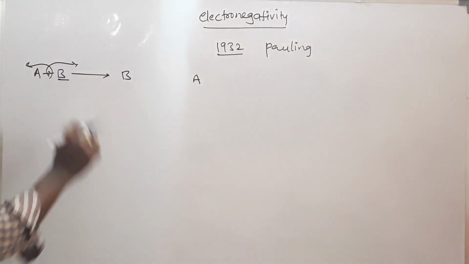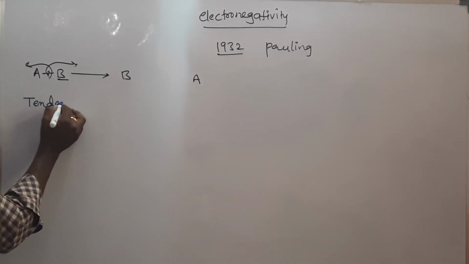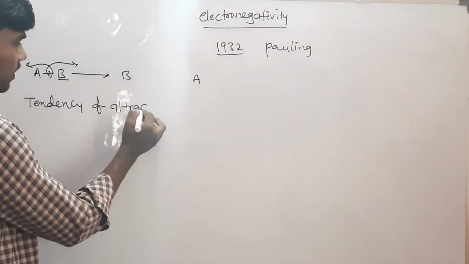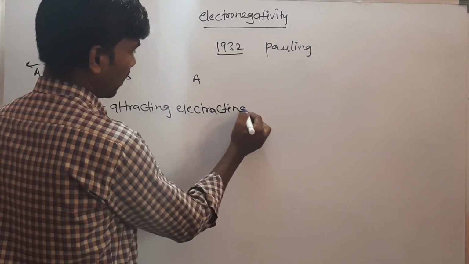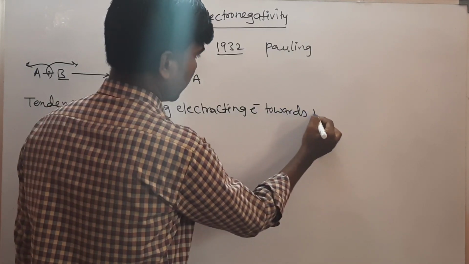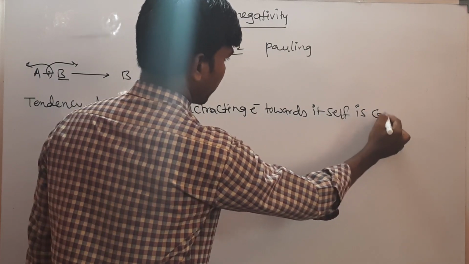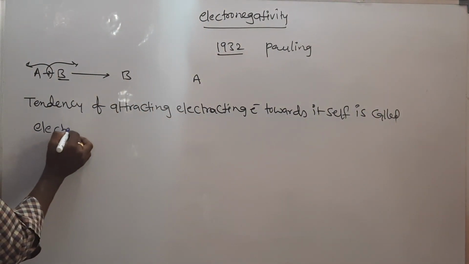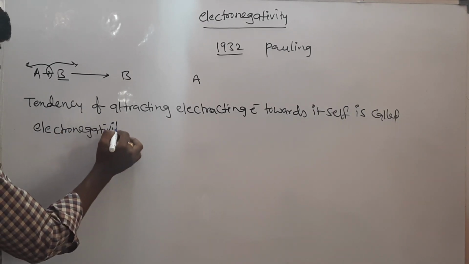So based on this example, the tendency of attracting electrons towards itself is called electronegativity. So this is the definition of electronegativity.